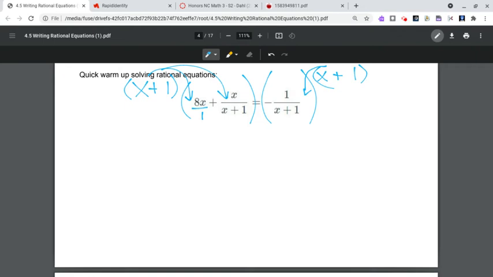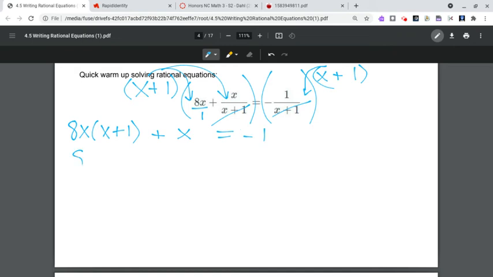Okay? The first term, there is nothing to cancel in the denominator, so we set it up 8x parentheses x plus 1. In the second term, the x plus 1s will cancel, and you're left with plus x equals, on the right-hand side, the x plus 1s will cancel, and you're left with negative 1.